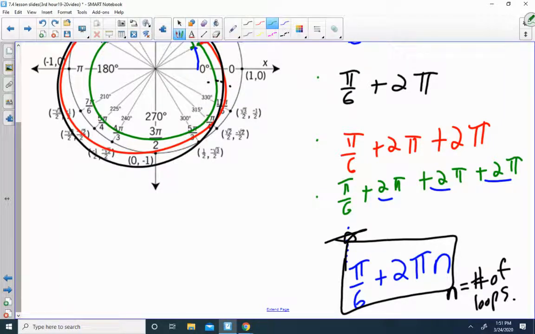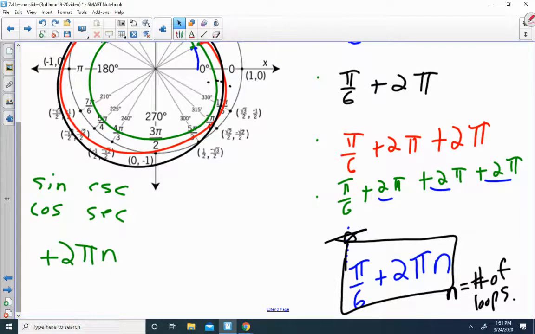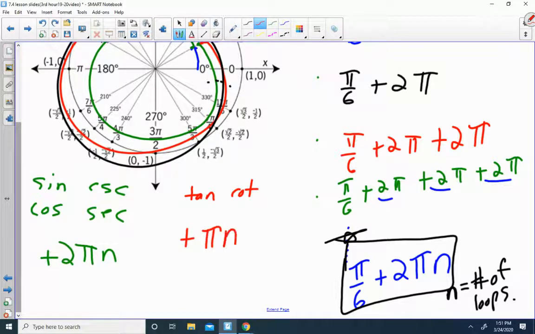Something else you will also want to write down. Anytime that you're doing this for sine or cosine, or for any of their twins, you're always going to be doing 2 pi and then times the number of loops, or 2 pi n. If you're using tangent or its twin, you're going to be doing plus 1 pi n, or just plus pi n. Because for them, it repeats every half a loop.